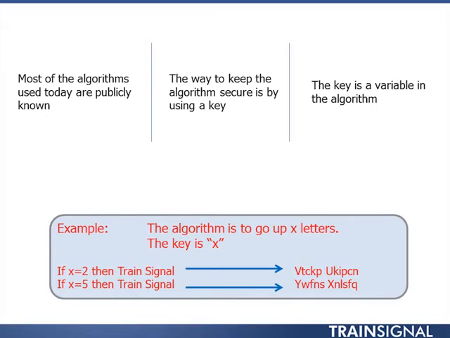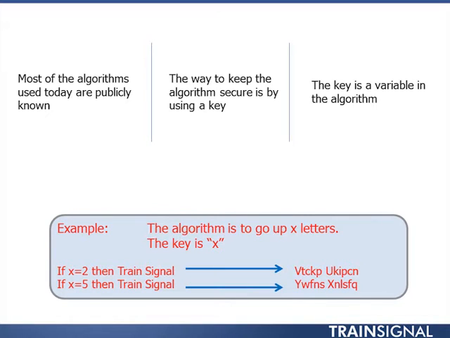The key is then that variable, X. So if the key was 2, or in other words, X is 2, then again, just like we saw before, train signal becomes VT, CKP, UKI. But if X was 5, well, that changes the ciphertext altogether. Now the ciphertext for train signal becomes YWFNS, XNL, SFQ.